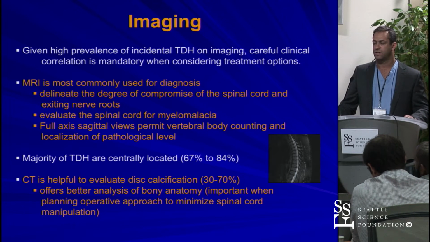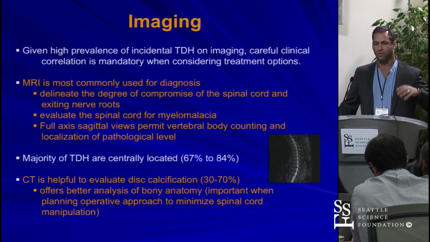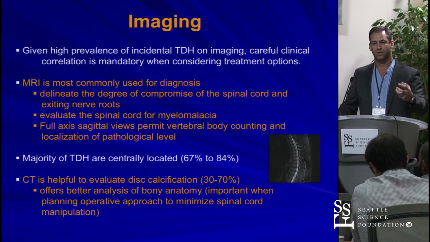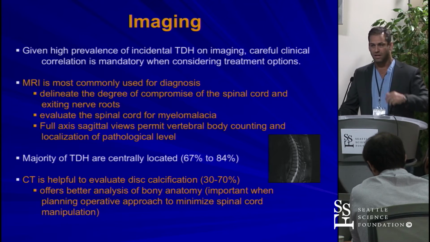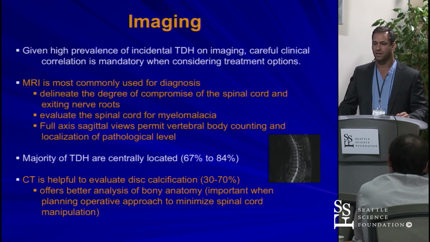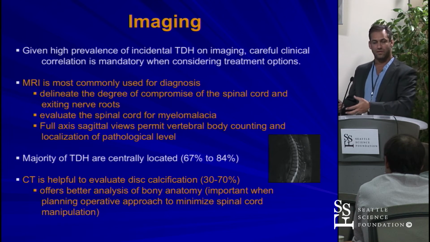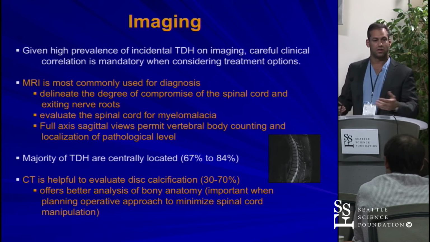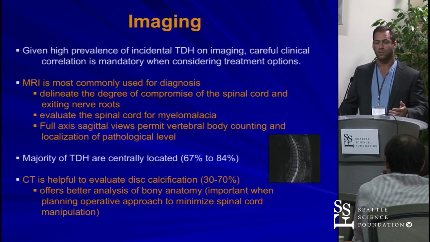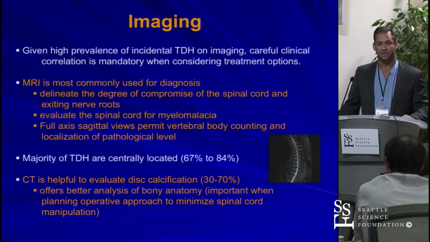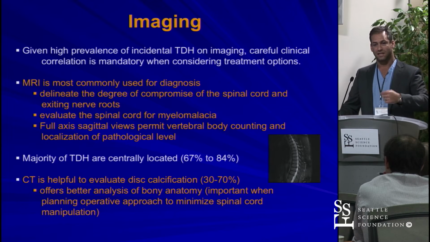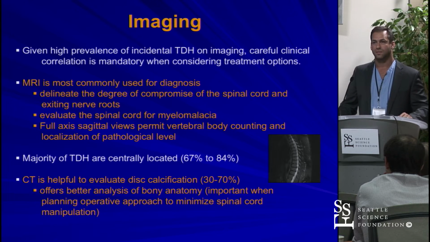I can't stress that enough, because I'll have patients that come in who had an MRI for whatever reason, and they find a disc herniation in the thoracic spine, and all of a sudden they go home and do their research and they're fixated on the fact that they've got spinal cord compression, totally asymptomatic, as the majority are. But now you're trying to explain to them that they've got this rock pushing on their cord and they're asymptomatic. The likelihood that they're going to be injured from something that you do is a lot higher than something that the asymptomatic lesion is doing. So something to keep in mind.